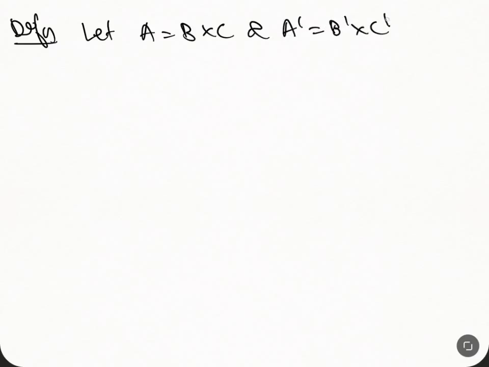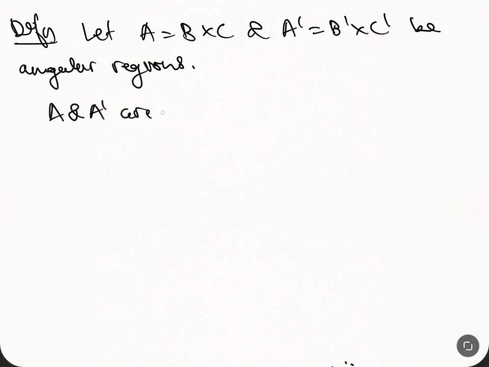Another thing to say is that, so let A and A prime be angular regions. We say that A and A prime are coangular if and only if they have the same angular component.